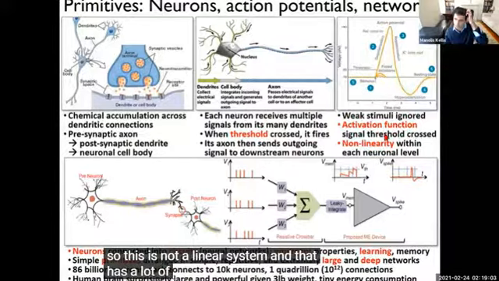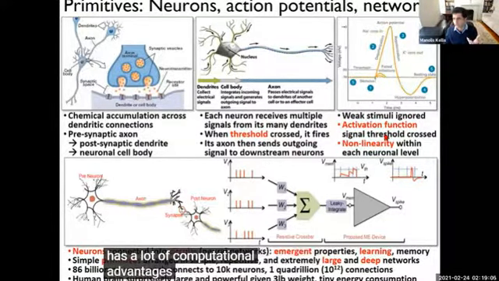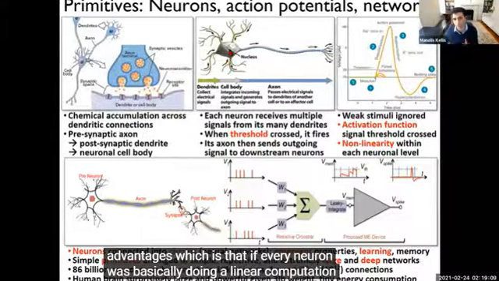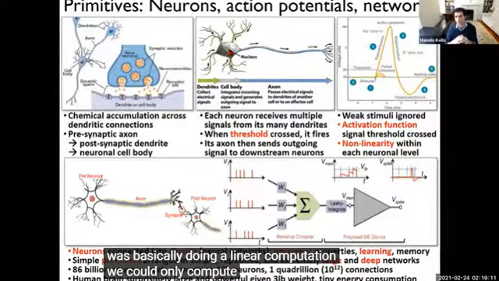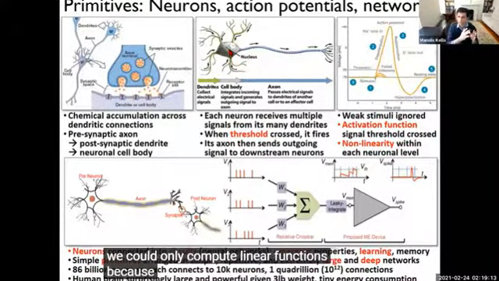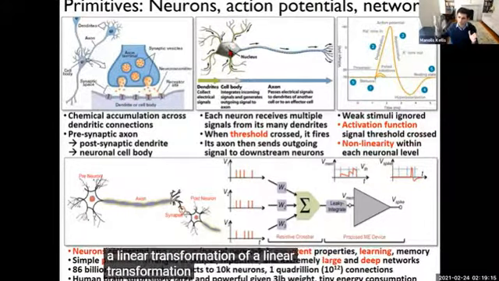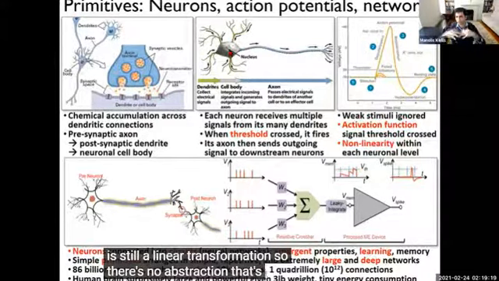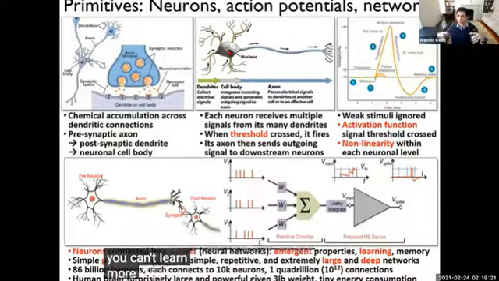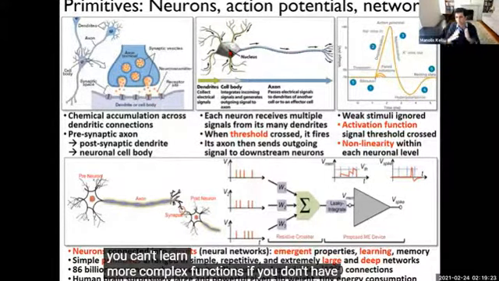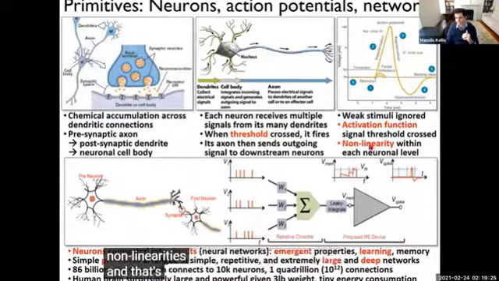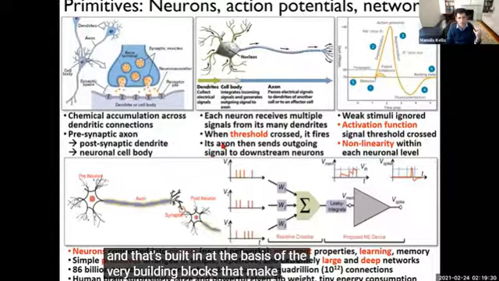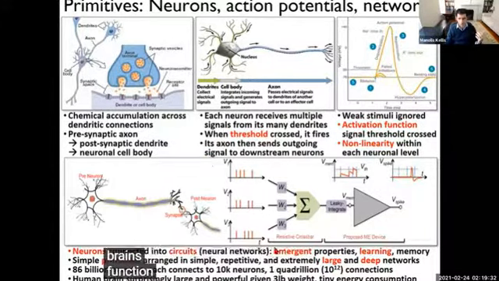And that has a lot of computational advantages, which is that if every neuron was doing a linear computation, we could only compute linear functions, because a linear transformation of a linear transformation of a linear transformation is still a linear transformation. So there's no abstraction that's possible. You can't learn more complex functions if you don't have nonlinearities. And that's built in at the basis of the very building blocks that make our brains function.